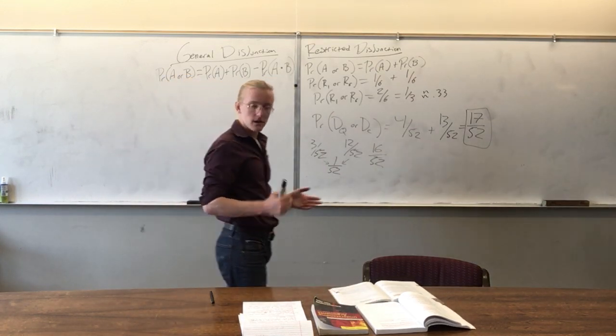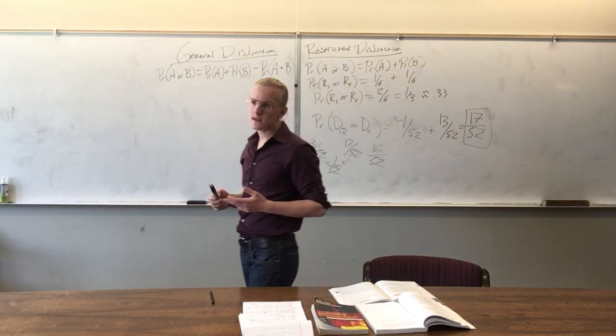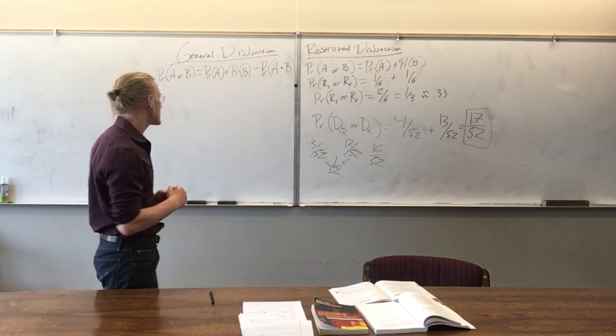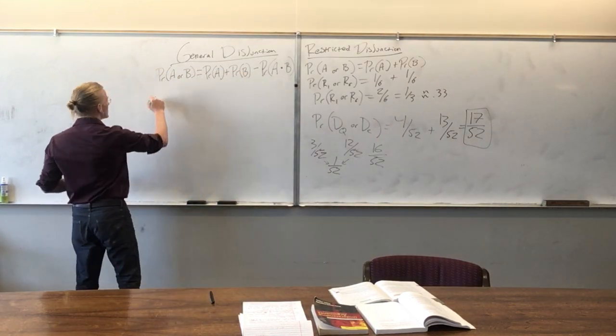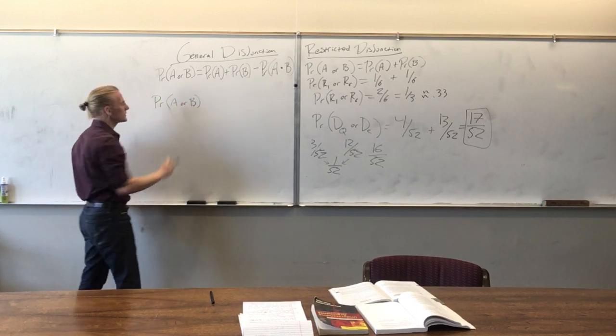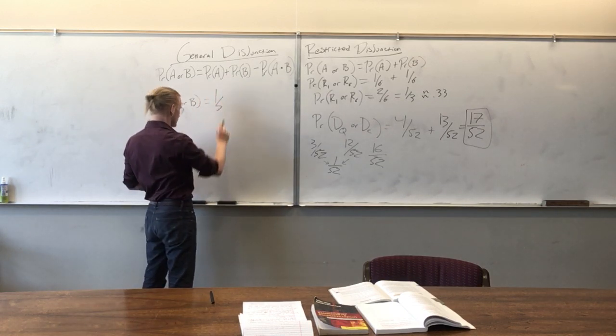These events on two tosses, again, we're going to need the general disjunction rule, and here's why. If I say, what's the probability of A or B? What's the probability of getting heads once? Well, it's 1/2.